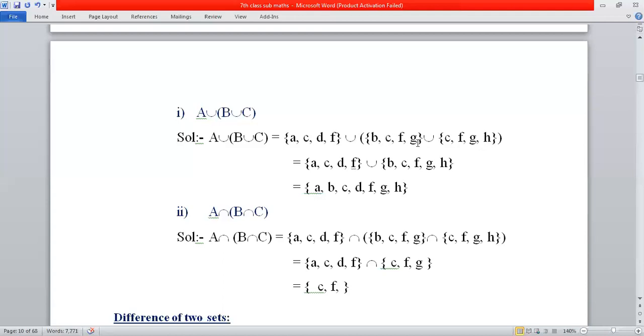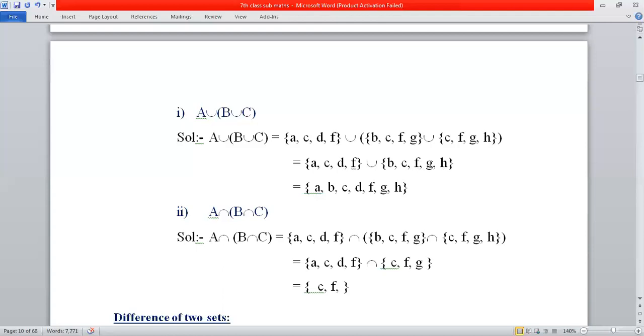So union, you know that all the elements of this one set and all the elements of this one set, means the union, all the elements of B and all the elements of C, and common elements we write once. So B we copy as it is, C is common in both, so we write it once, F is common in both, we write one time, G we write as it is, H we write as it is. So this is the union of B and C.